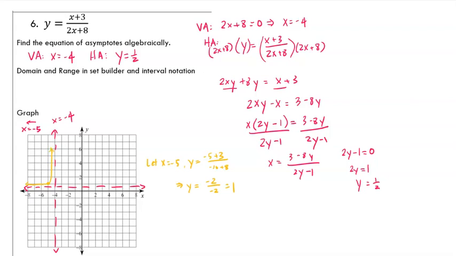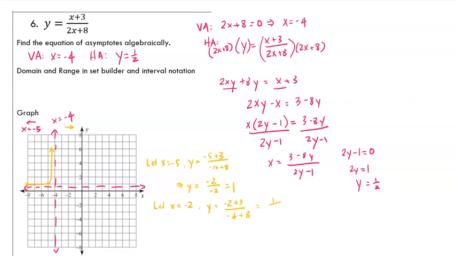Now let's test some points that are greater than -4. Let x equal, let's try -2. So y equals -2 plus 3 over 2 times -4 plus 8.